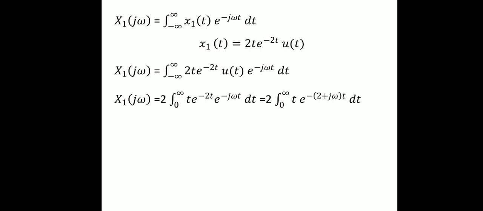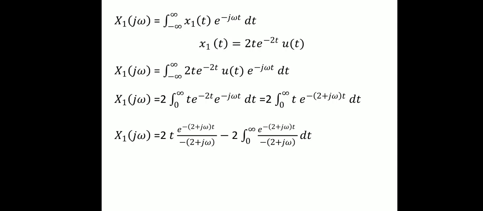We have to use the formula here: first function times integration of the second, minus the integral of the integration of the second function times the differentiation of the first. So upon using that, x1 of j omega equals, 2 is common.